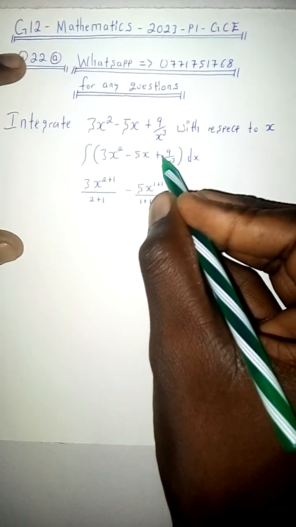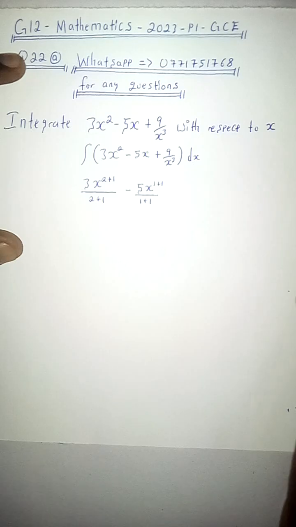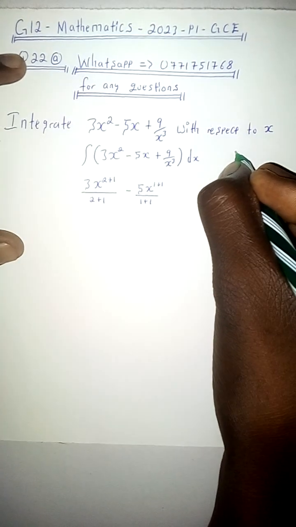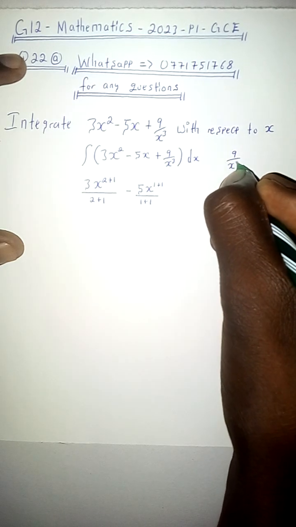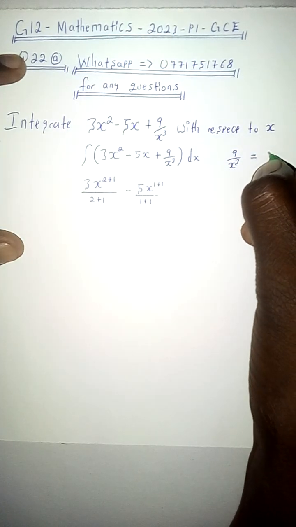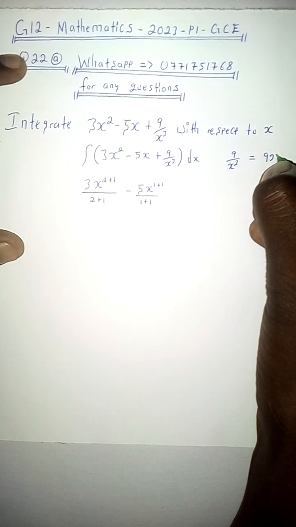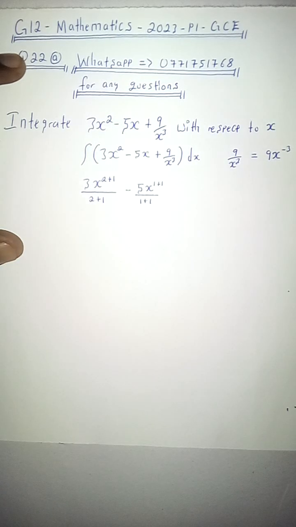Well, for this next one, I'm going to ask you a question. Okay? My question is, do you agree that 9 over x to the power 3 can also be written as 9x to the power negative 3?